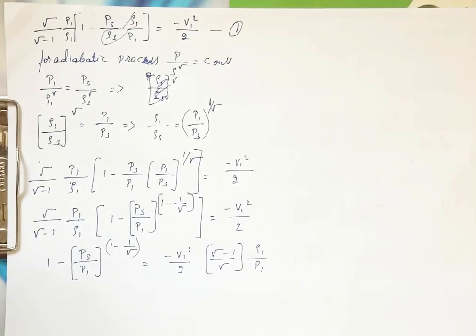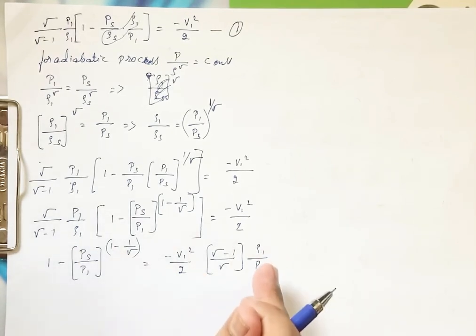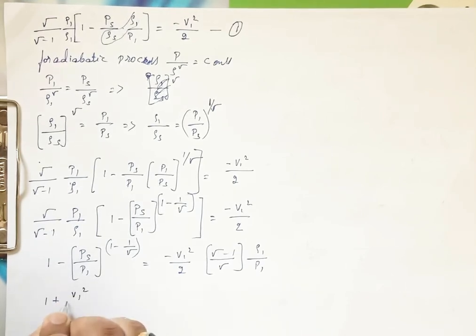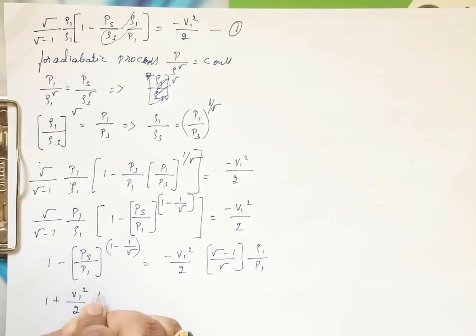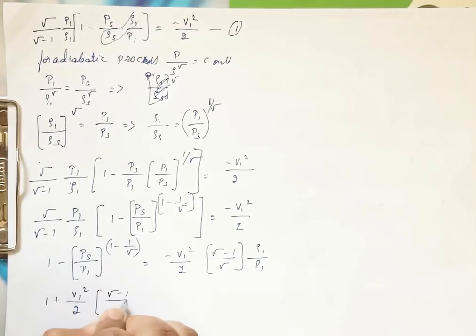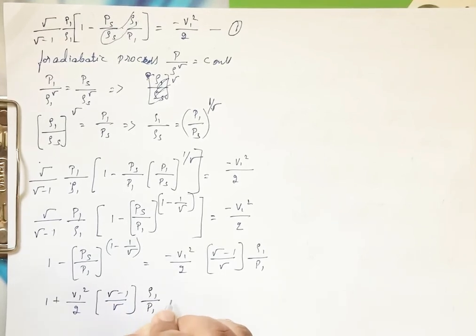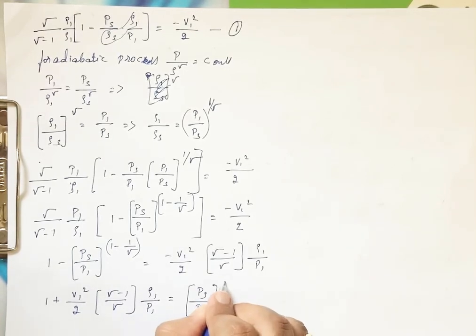Now I'll take this term in the opposite direction and the V1 expression in here. So I'll get 1 plus V1 square by 2 into gamma minus 1 divided by gamma into rho 1 by P1 is equal to Ps divided by P1 raised to 1 minus 1 divided by gamma here.